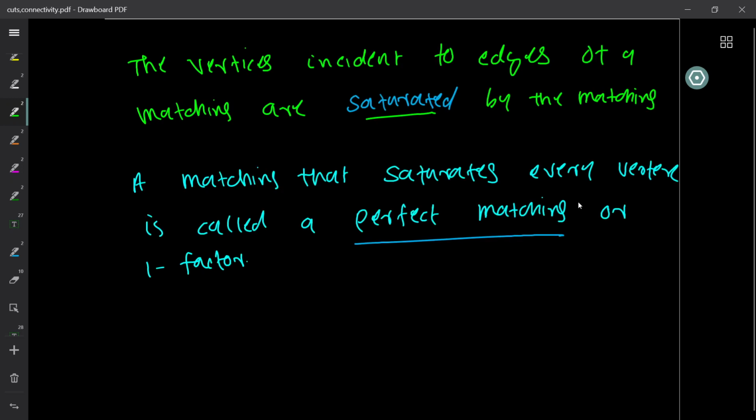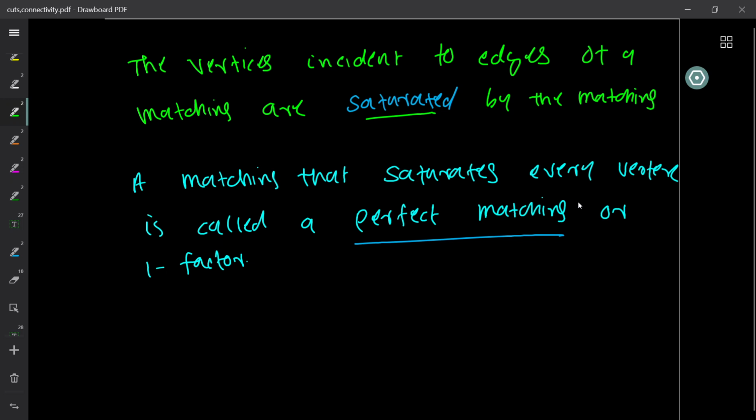So you have this concept of being saturated, and only matchings which saturate all the vertices are called perfect matchings. It's also called a one factor. Now, of course, a perfect matching will not exist if the number of vertices is odd. If the graph has an odd number of vertices, you can never have a perfect matching.